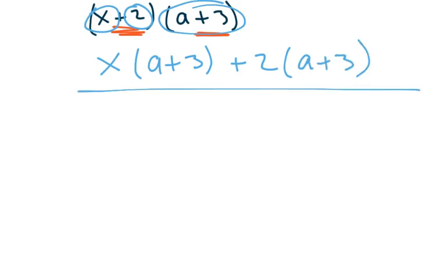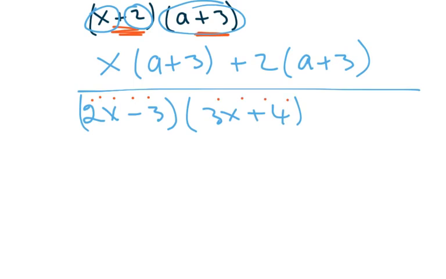Let's take another example. Just say it was something like 2x minus 3 multiplied by 3x plus 4. I'm going to multiply everything on this side by everything on this side. And the way we do it is, I'll use say red for this, I'm going to go 2x, which is the first thing over here, and multiply it by everything on this side, so 3x plus 4.